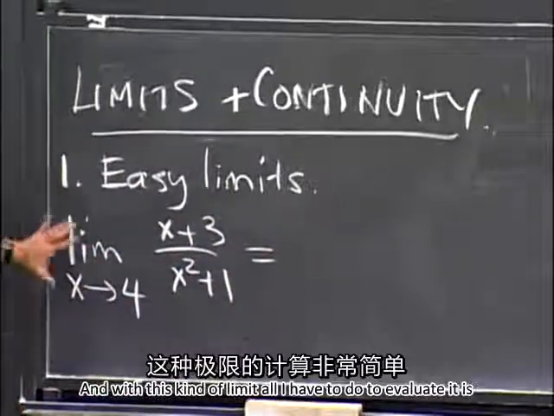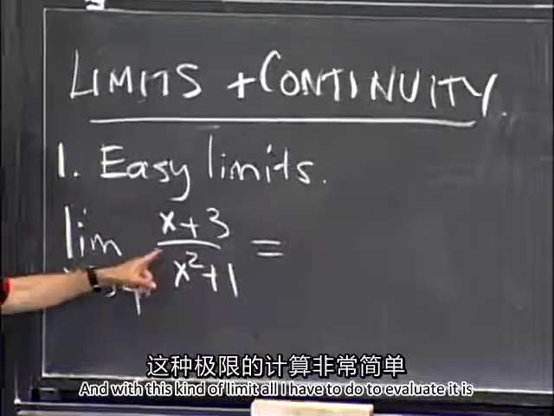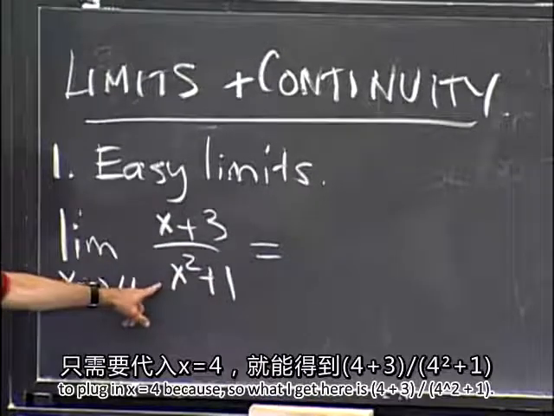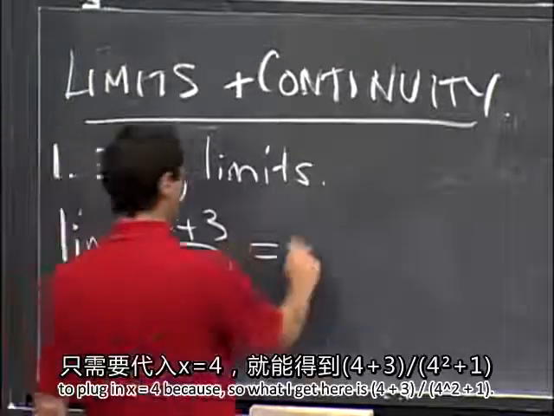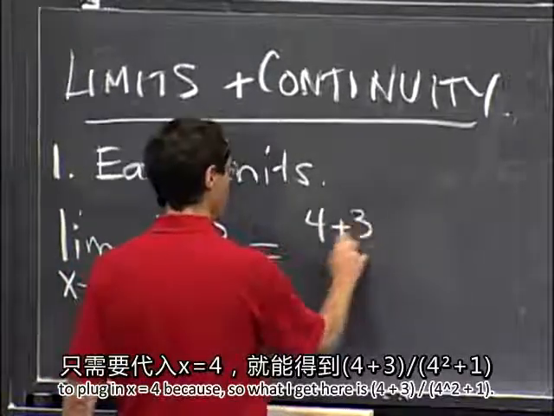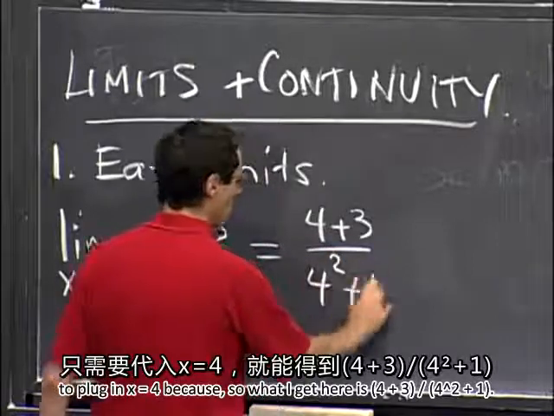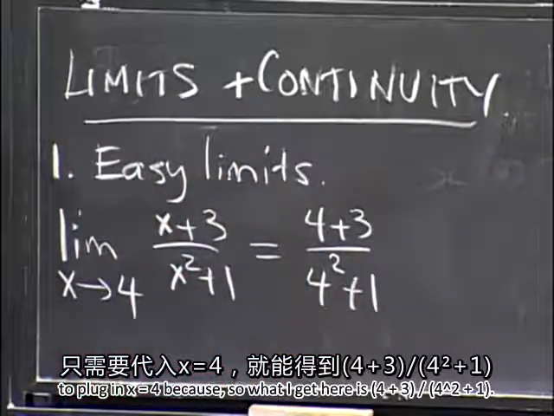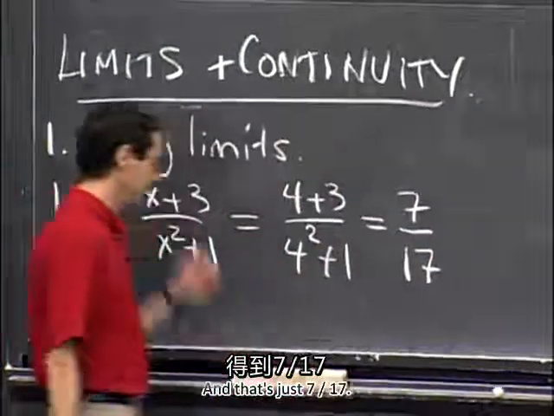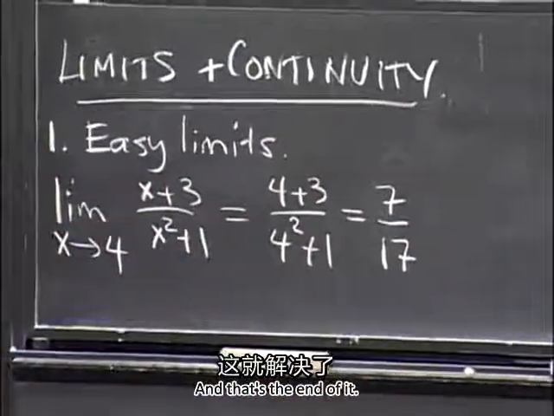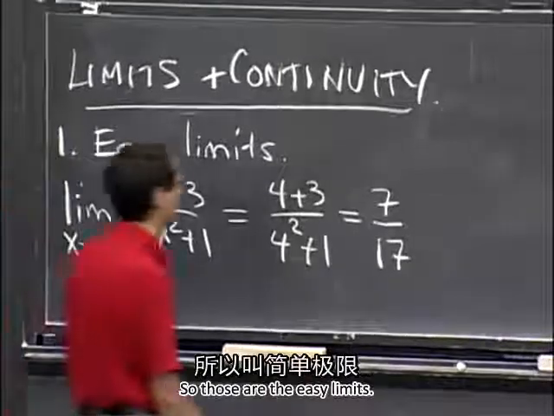And with this kind of limit, all I have to do to evaluate it is to plug in x equals 4. Because, so what I get here is (4 plus 3) divided by (4 squared plus 1). And that's just 7 divided by 17. And that's the end of it. So those are the easy limits.